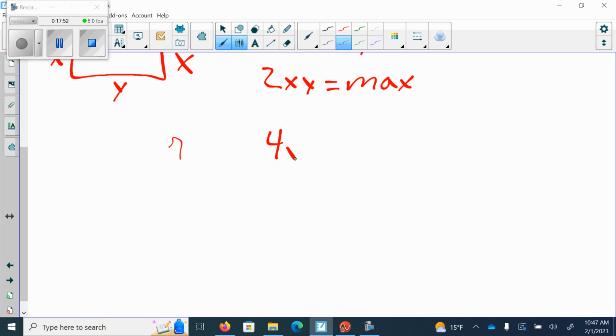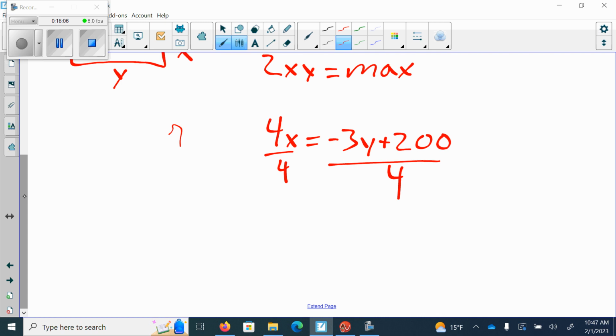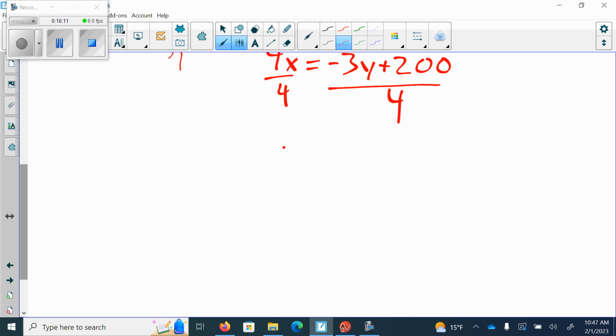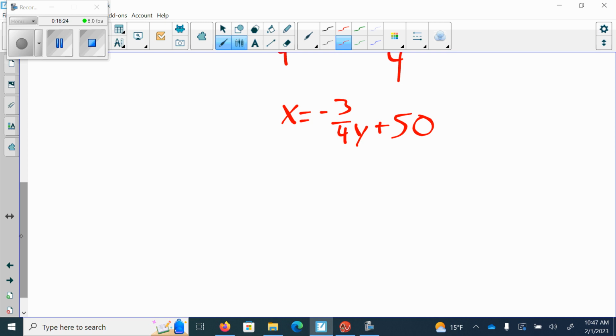Now he's going to solve one equation for one variable. We plug the x in for the 2xy.